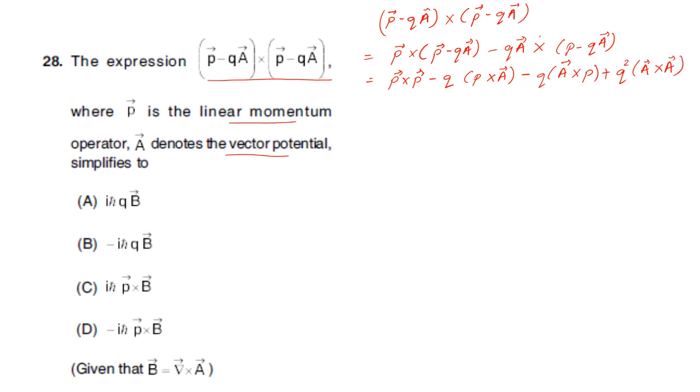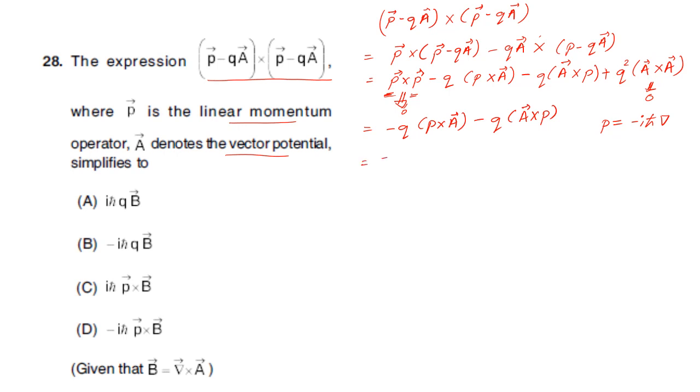As we know, cross product of any vector with itself is 0. Therefore, this quantity is 0, and similarly, this is also 0. Minus Q P cross A minus Q A cross P remains. But we know that linear momentum operator P is minus IH cross del.